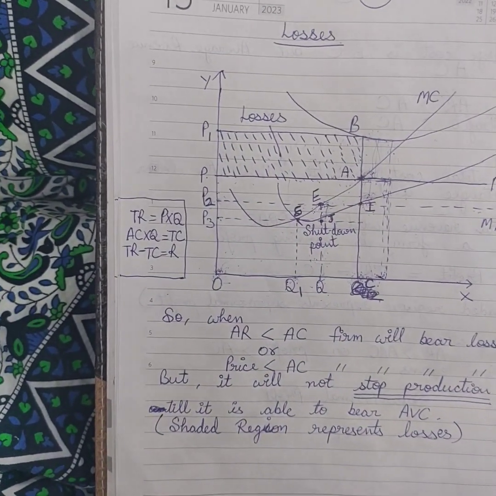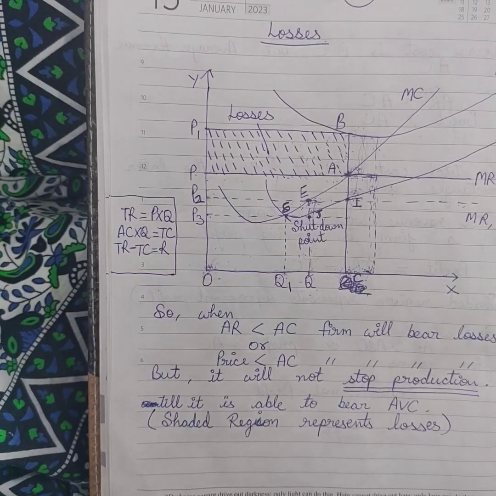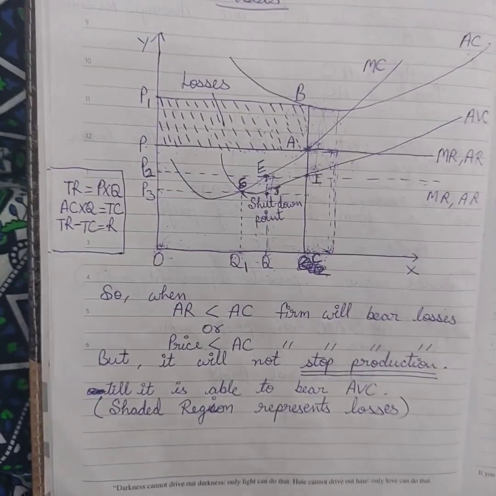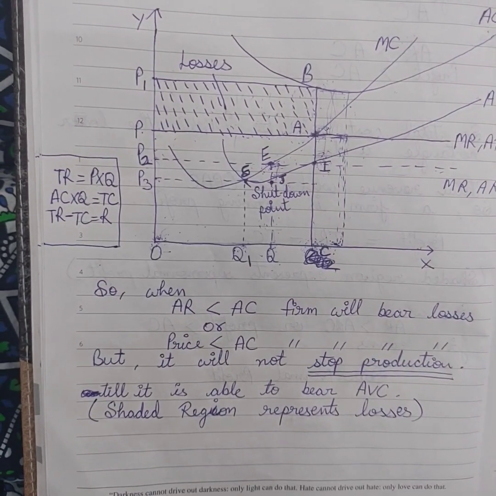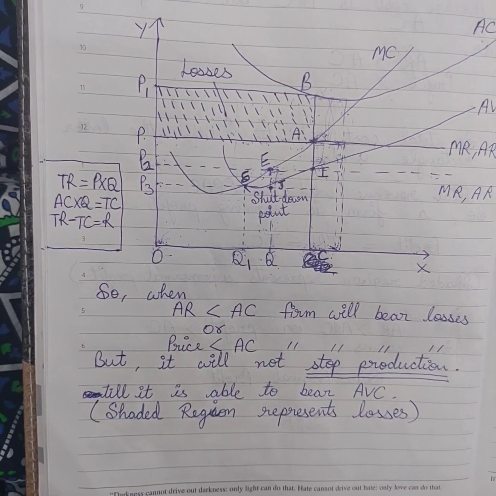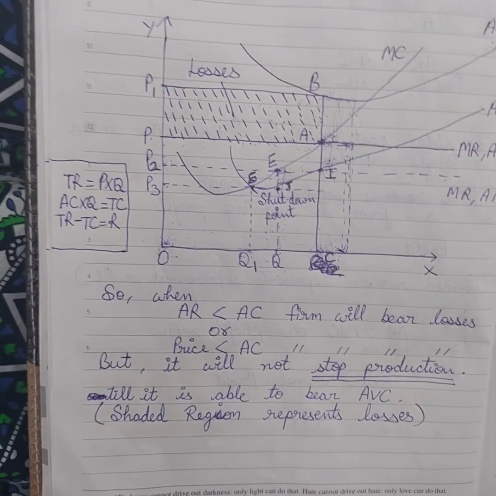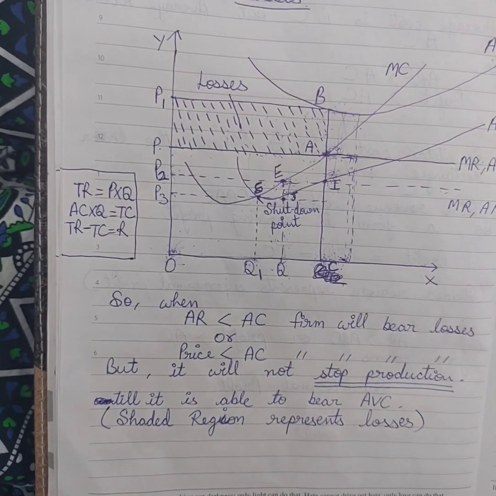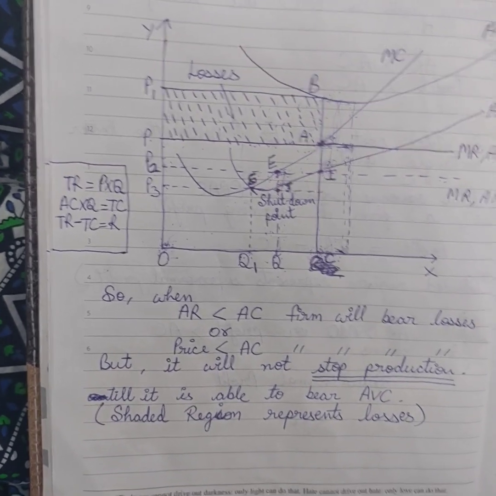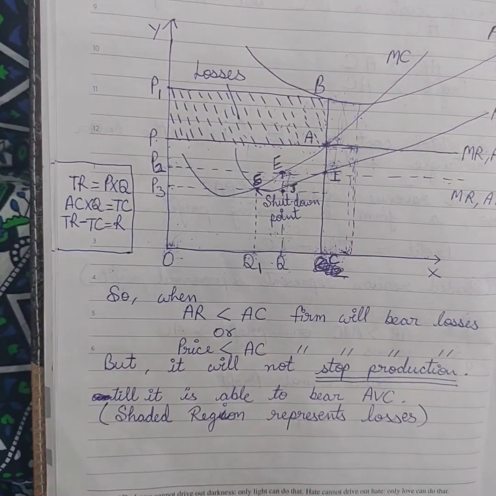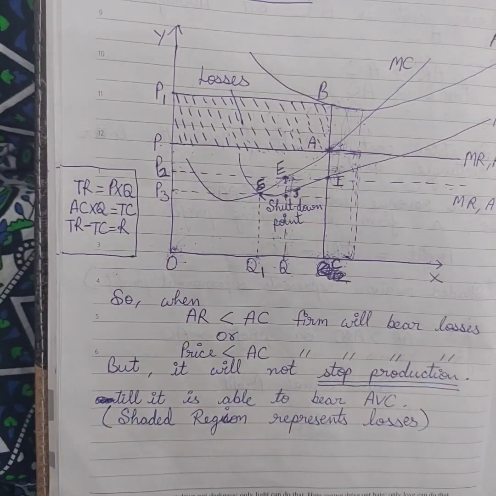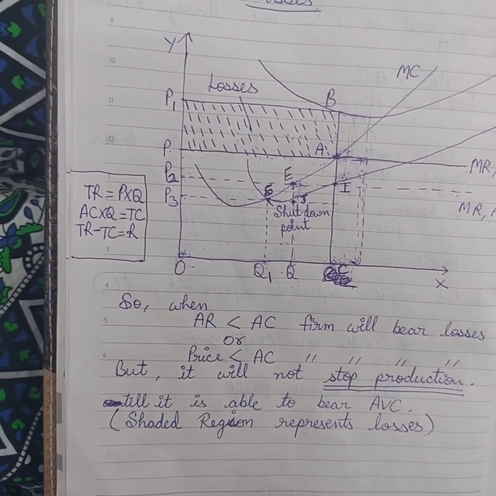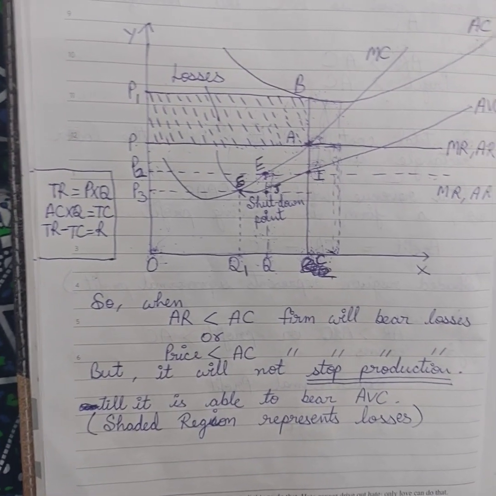It is called the shutdown point because if prices go down below this point, our firm will not be able to cover its variable cost too, like the charges of raw material and wages of the labor. So the firm will stop production when price goes below average variable cost.